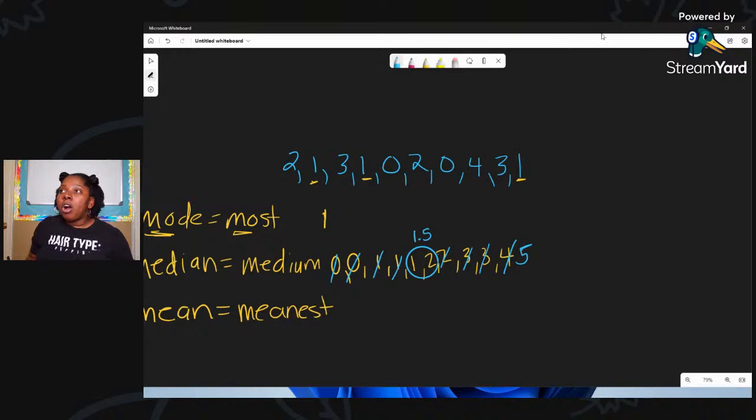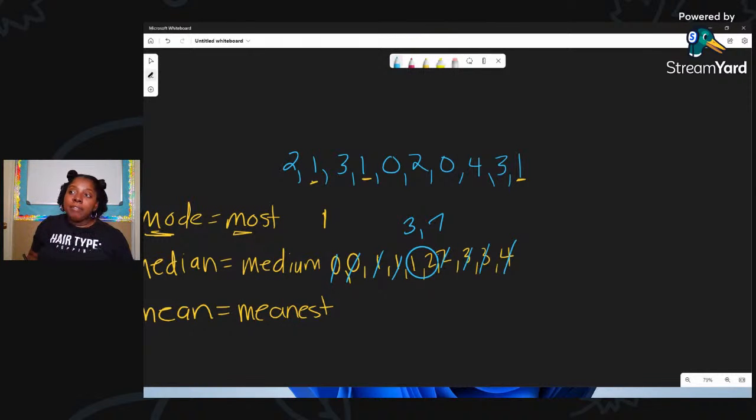But if there are 2 numbers in the middle, this is what you would do. So let's say there was a 3 and a 7 in the middle, right? It might not be as easy to see what would be in the middle of those.